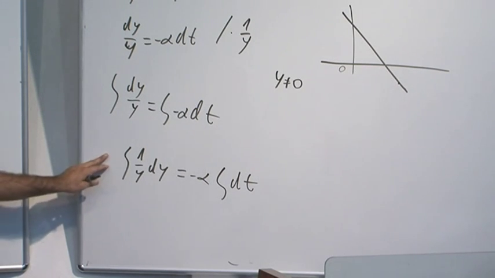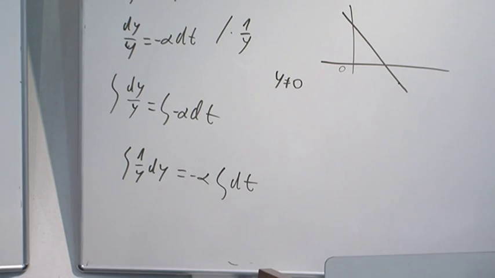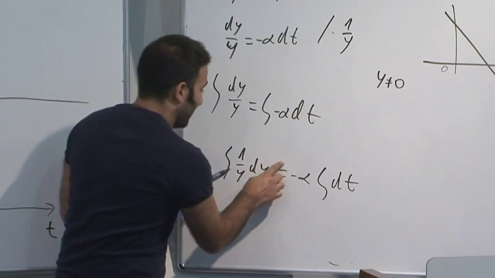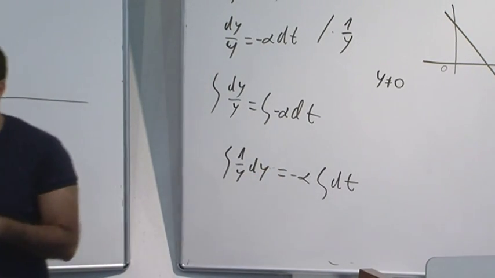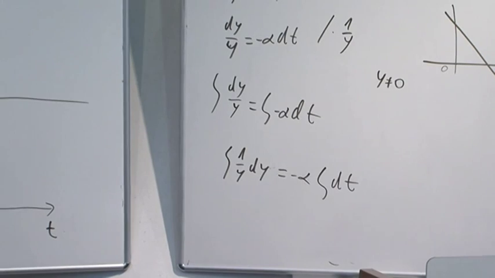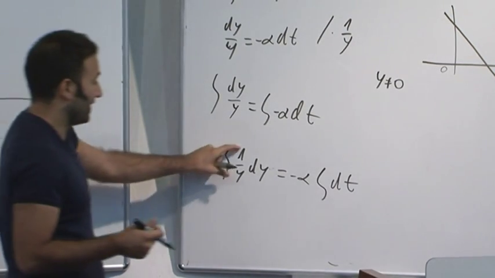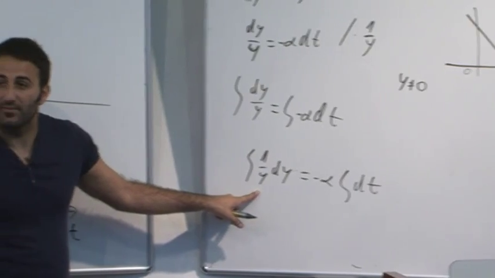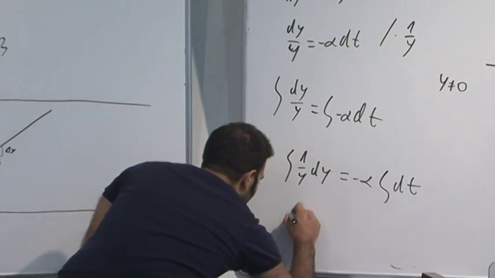You can ask what function, if I take the derivative of it, will give me what you have inside the integral, right? Because taking a derivative and an integral are two opposites, they cancel each other, okay? So the function whose derivative is 1 over y, somebody knows? Exactly, ln y.